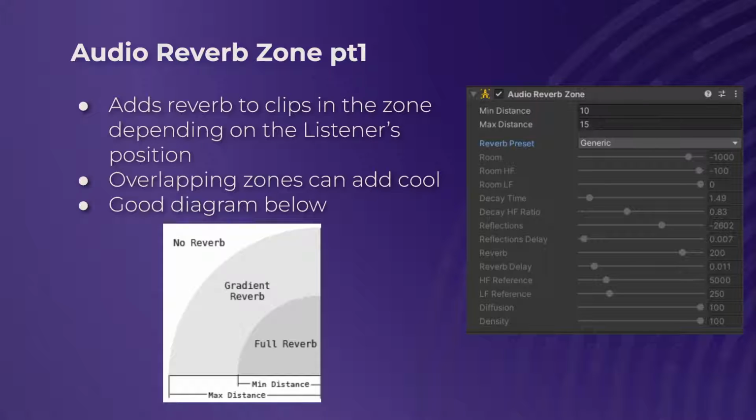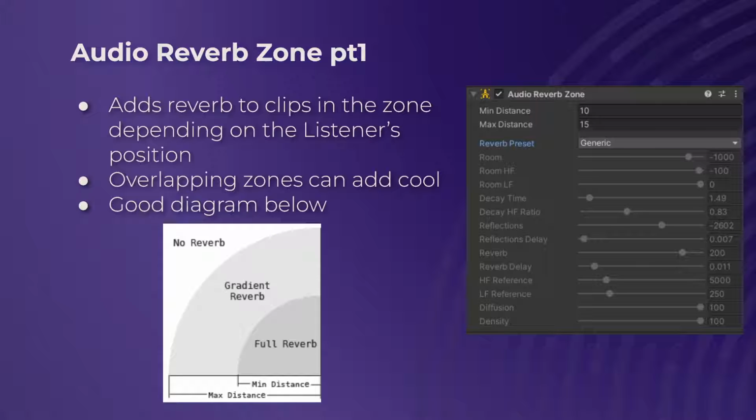And some cool things you can do is overlap zones. Like let's say you're going from one cave to another, or you're going from outside into like a cathedral area, and then in the cathedral there's a small side room that's really padded and quiet. So this is where you can overlap reverb zones so that the sounds do really cool things.